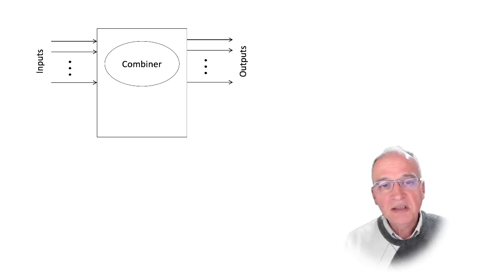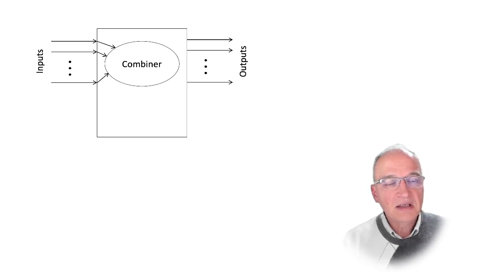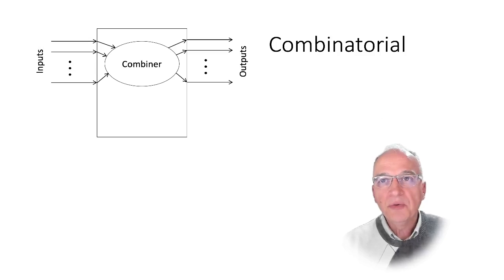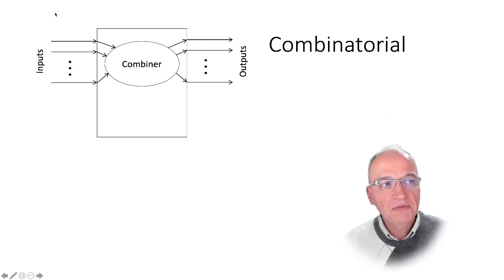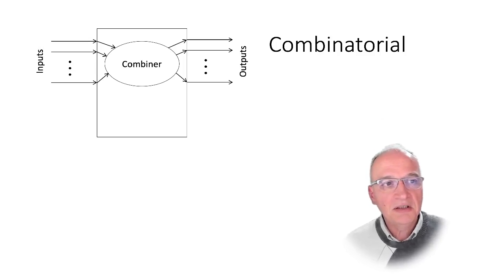We say that this circuit is a combiner if what the circuit does is take the inputs and produce the output. A combiner has no memory, so we call this a combinatorial circuit, which means that any time any of the input values change, the output values will change. And you can think of this change as being an immediate change.